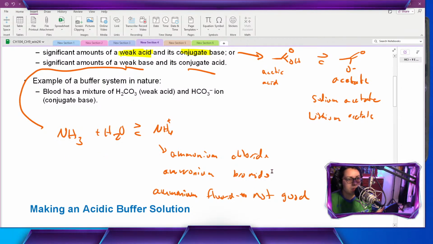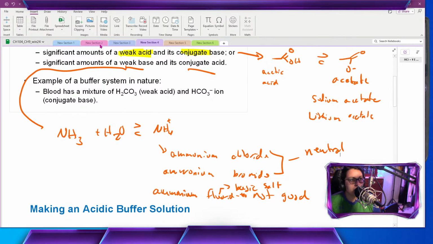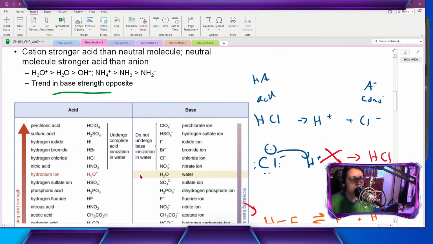So I'll give a hint. Ammonium fluoride has a confounding factor in that fluoride is a basic salt. And we'll get into this a little at the end, but chloride and bromide are both neutral. And this goes back to this chart here.